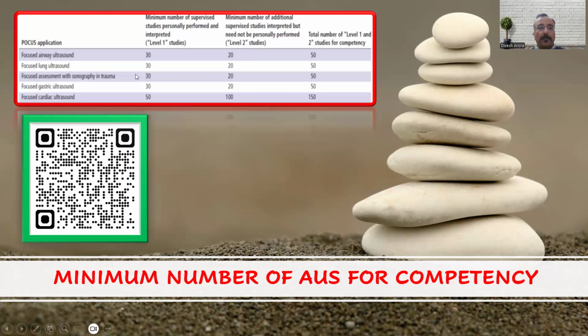For airway ultrasound, it's 30 plus 20, so around 50 studies. For the majority of the focused modalities, it's 50. But if you look at FATE or focused cardiac ultrasound, it's 50 plus 100. That means you need 150 cases. So that is the most difficult part. For the rest, with 50 scans, you achieve a reasonable degree of competence.